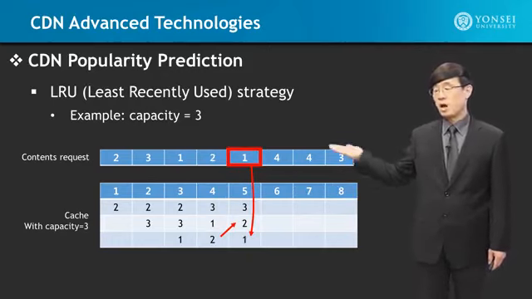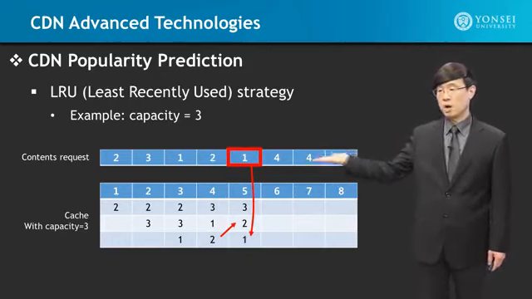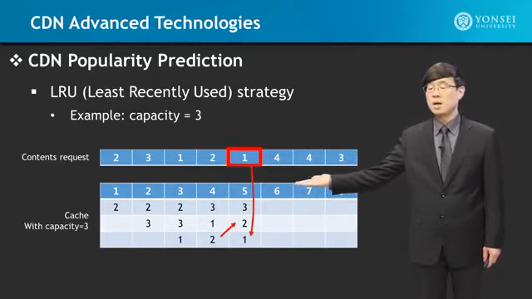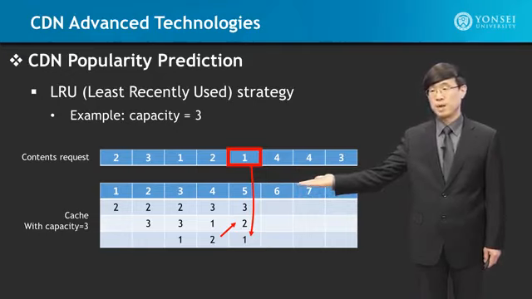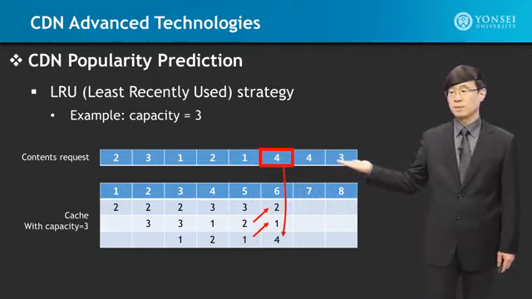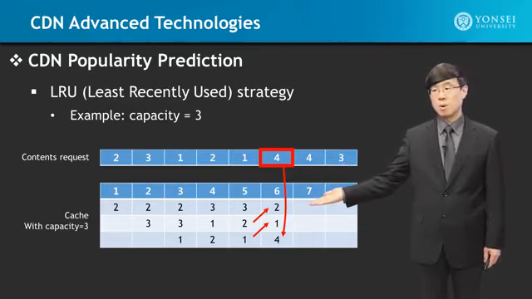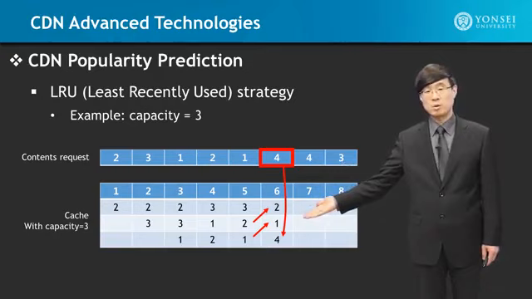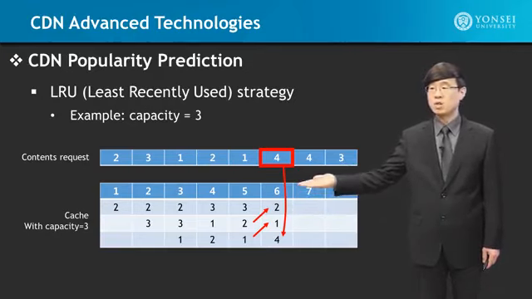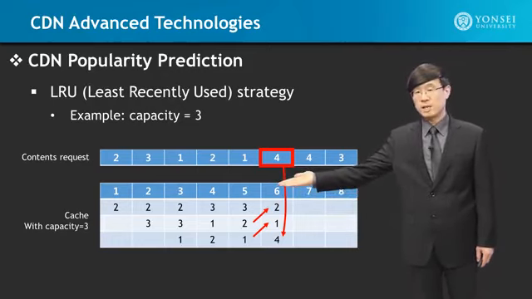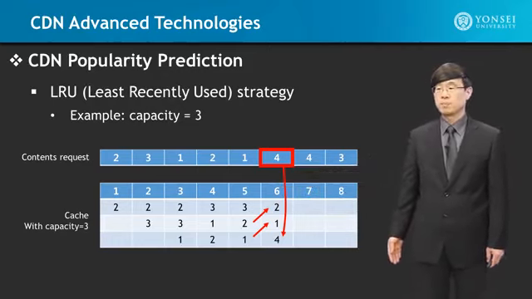Then content 1 is requested, so content 1 moves into the highest position, and content 2 is moved up, content 3 maintains its position. Now content 4 is requested. As you can see over here, content 4 is a most recently requested one, so it goes into the most recent position. And then 1 and 2 shift up. And the third content is discarded.